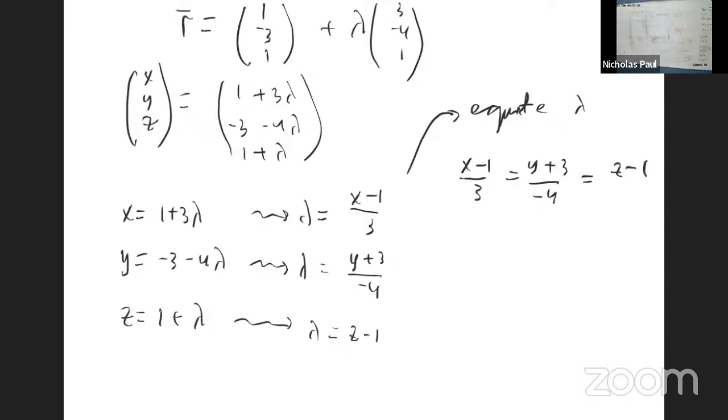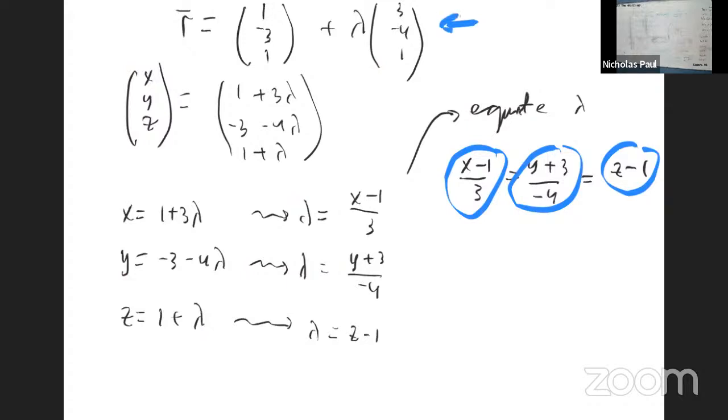All right, so that's the vector equation of a line. Here's what I'm going to do now. I am going to give you a Cartesian equation, and I want you to reach up to here. So you're doing the reverse. Make it equal to lambda. Then make x the subject, y the subject, z the subject.